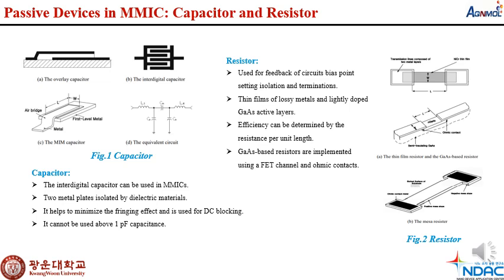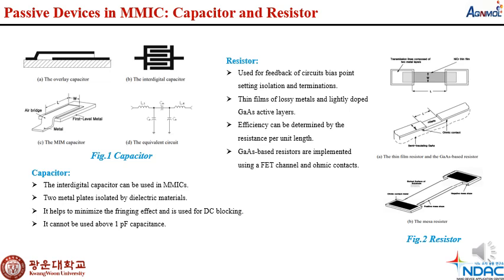This capacitor is composed of two metal plates separated by a dielectric material, and this configuration helps to minimize the fringing effect of the field to the ground and shorts between the upper and lower capacitor plates. But we cannot use this kind of capacitor above a capacitance of 1 picofarad due to its small size and resulting distributed effects.